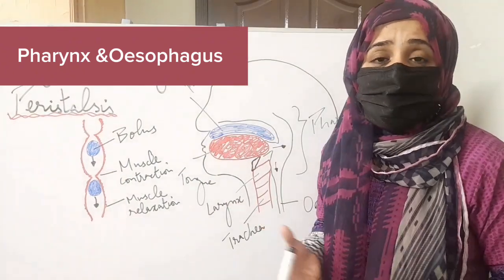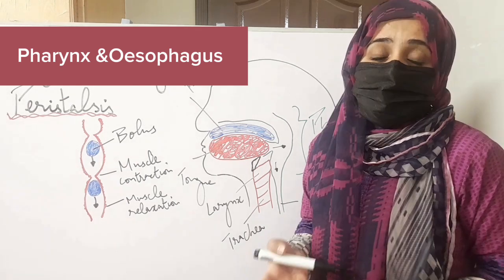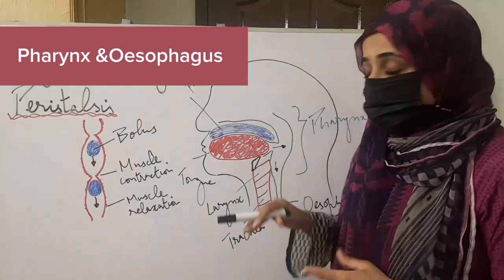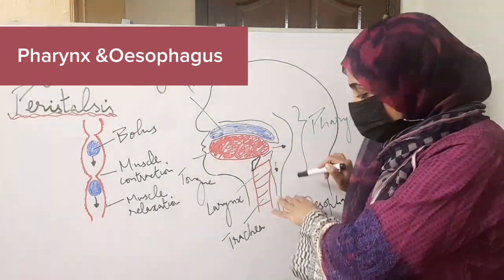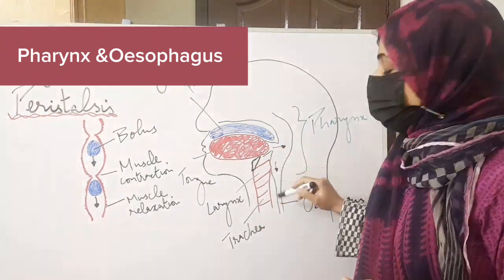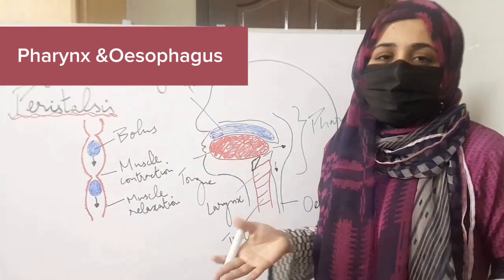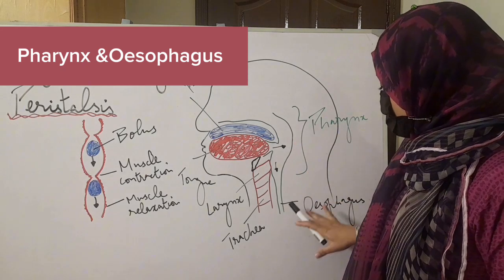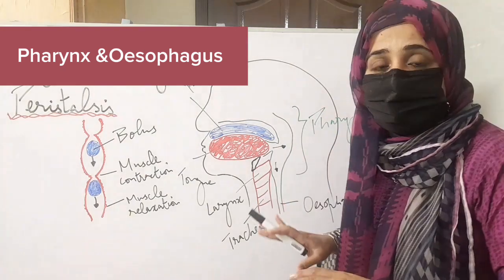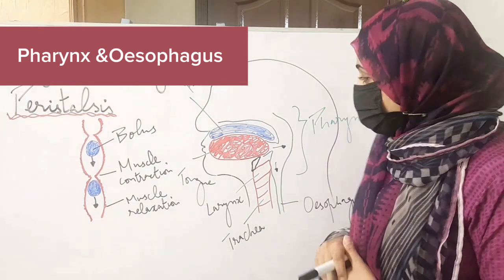The beginning of swallowing is voluntary. We swallow by our will, so it is a voluntary action. But once the food is swallowed and moves towards the pharynx or esophagus, its movement is involuntary, or we can call it automatic. After swallowing, the bolus enters the esophagus from the pharynx, and then the stomach.